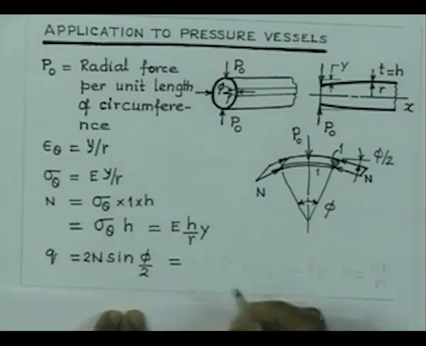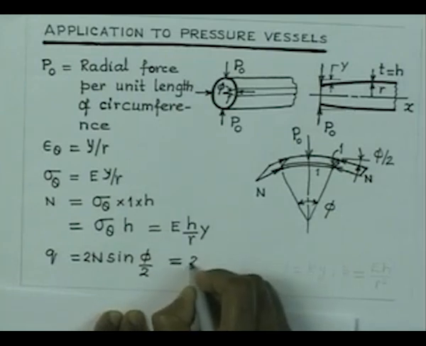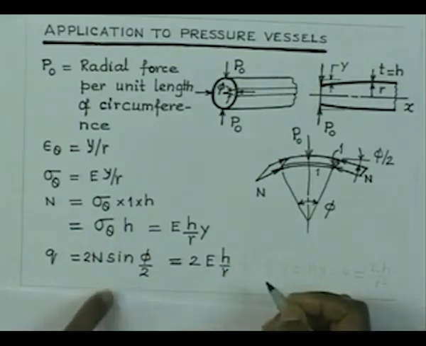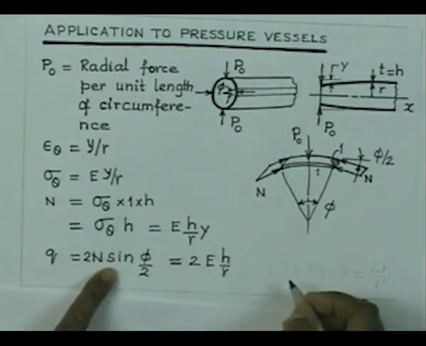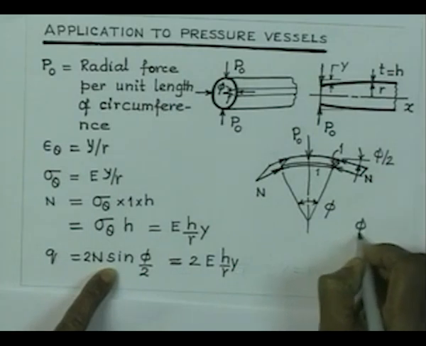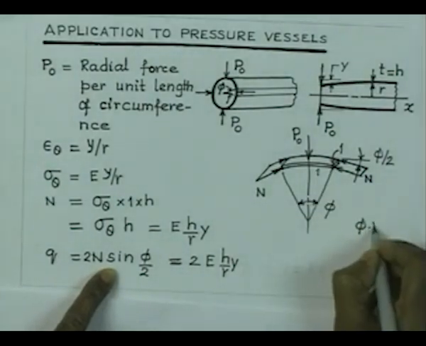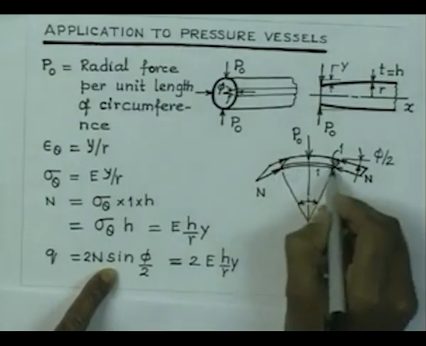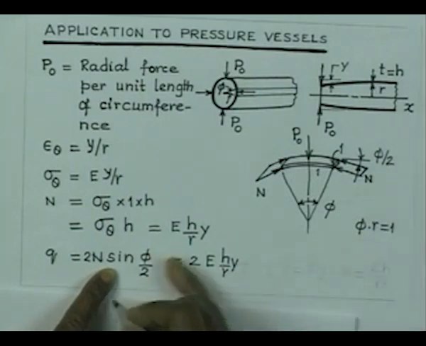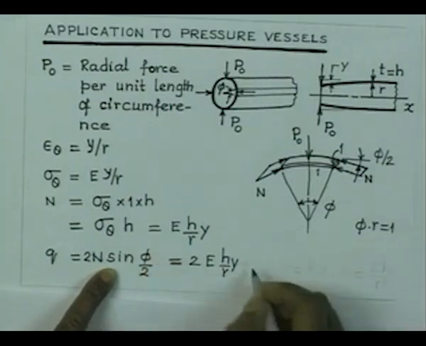Considering this phi to be small, we can write this as E h by r, with y there, and this phi by 2. I can write phi into radius equal to 1, because this circumferential length is 1. So phi is equal to 1 by r, and therefore phi by 2 is going to be 1 by 2 r.